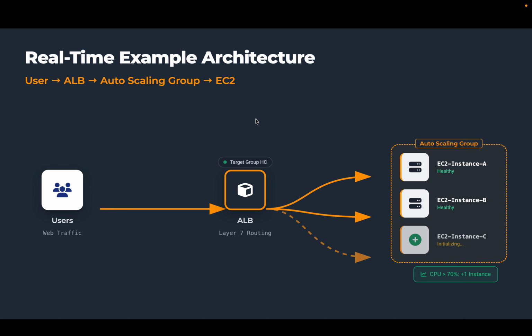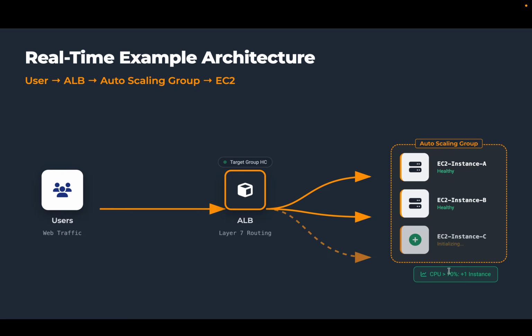In the real architecture, during the peak hours, auto scaling adds more instances, and the application load balancer starts sending traffic to the new instances automatically once they pass the health check. So we can understand that by using this architecture. It will be simple.